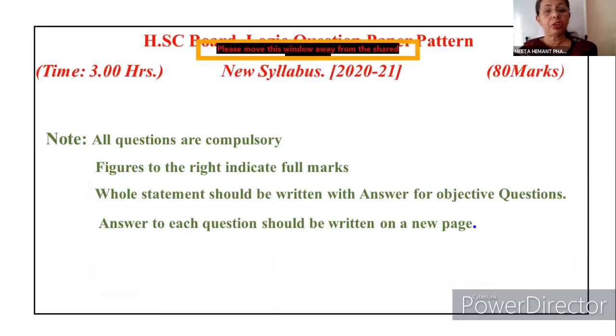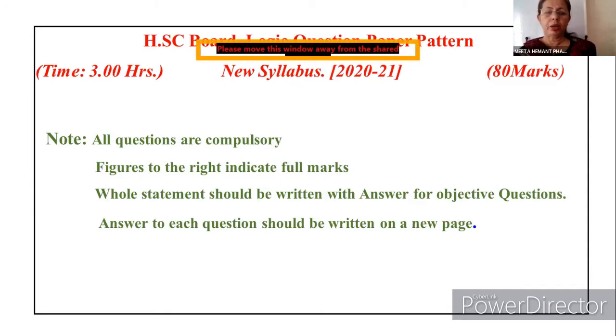Now we come to the HSC board logic question paper pattern. You know that this year it is a new syllabus and you have an 80 marks paper for 3 hours. Note that all questions are compulsory and figures to the right indicate full marks. Here you have to note one more thing, that for objective questions, you will have to write the whole statement with the answers.